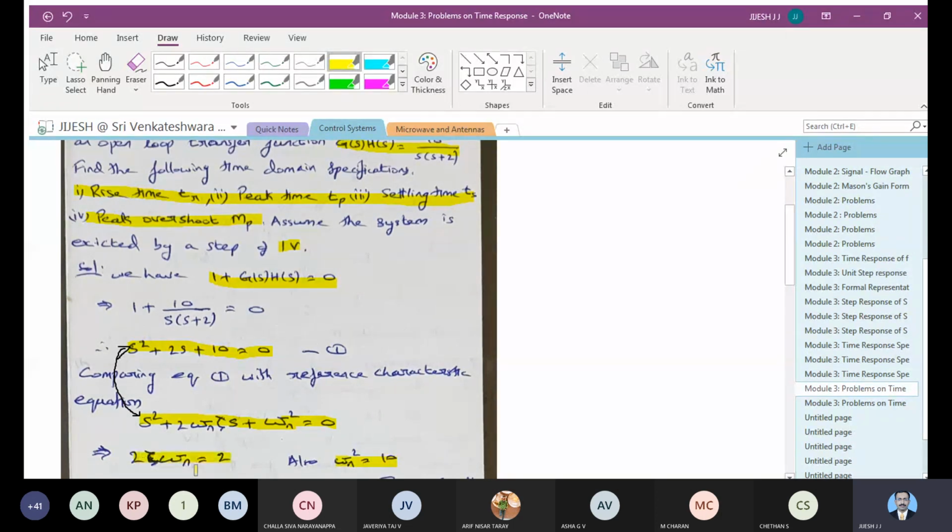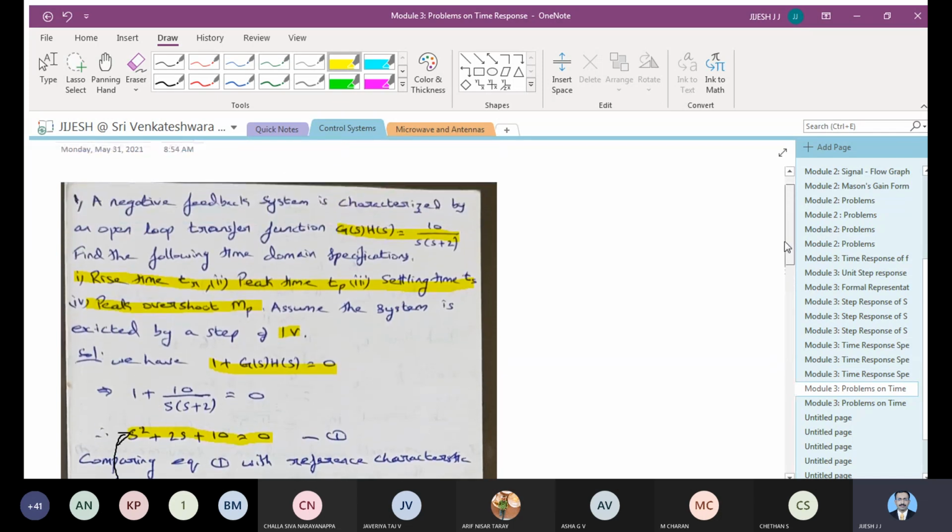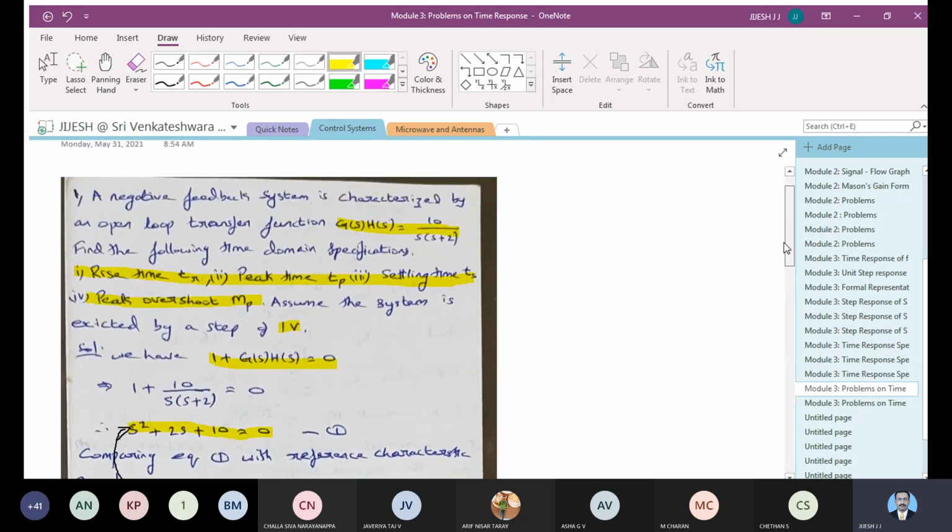So you get omega n as well as zeta. It's very easy to score marks for these problems. The only thing I am saying is you need to remember the equations for rise time, peak time, settling time, and overshoot. You should also see whether it is a first order system or a second order system. So all those things you need to check. Okay.